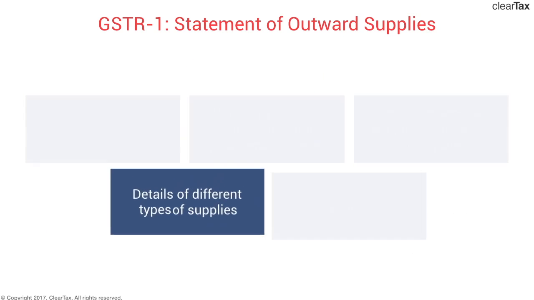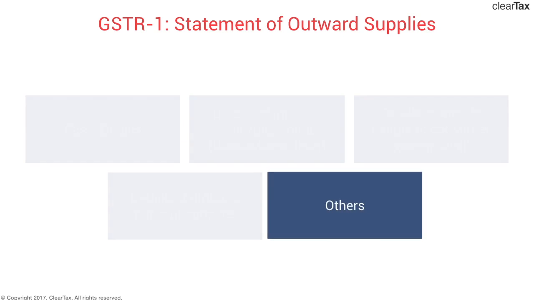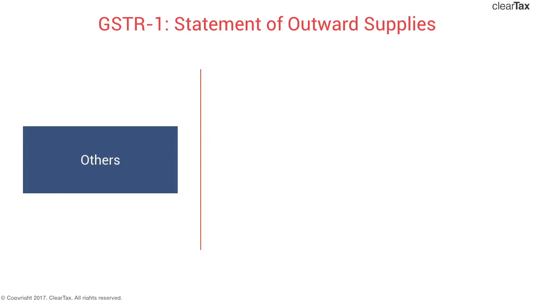Simple details. Moving on to the last category of our 5 in details required in GSTR1, others. This is a combination of all that's left out from the general 4. The first of which is for advance.